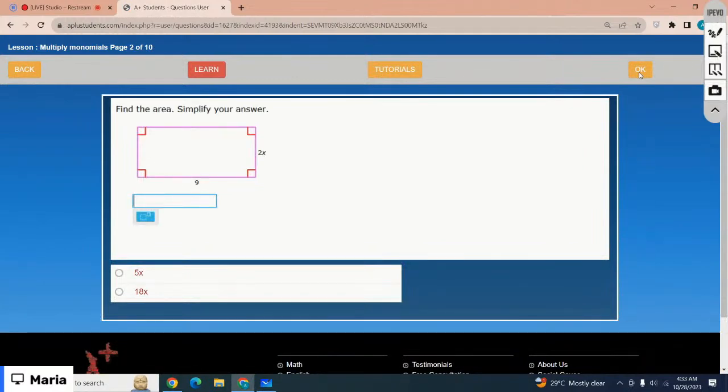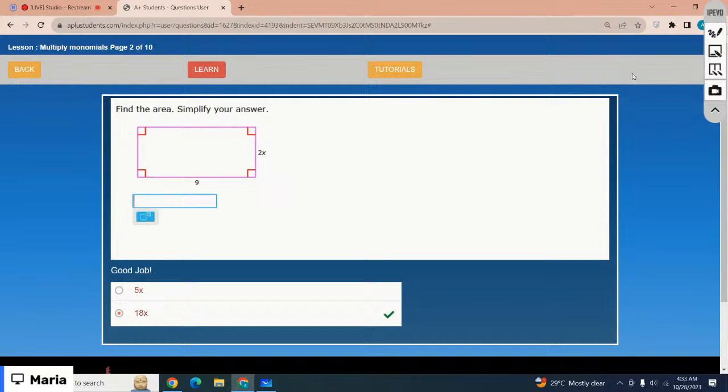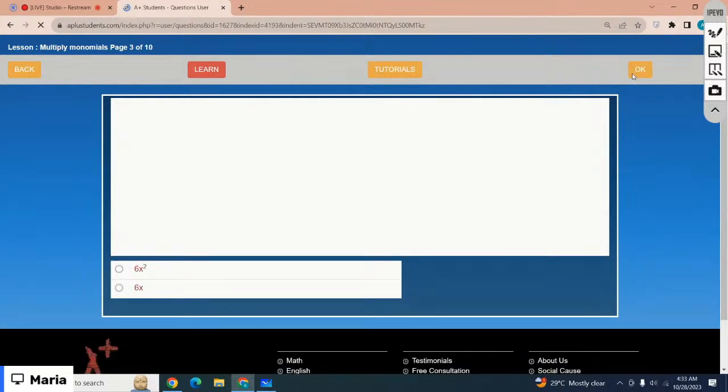Okay, find the area, which is the correct option? Yes, very good. That would be 18x. Length times width it is, right? The correct option is 18x. Okay, find the area, which is the correct option?